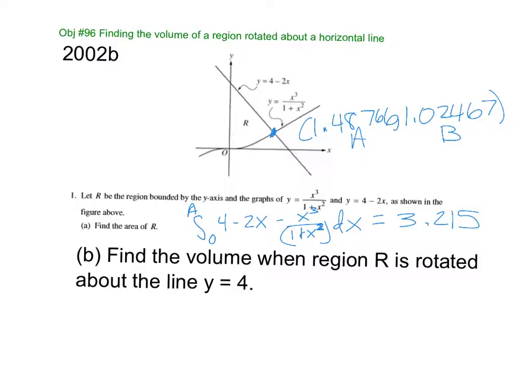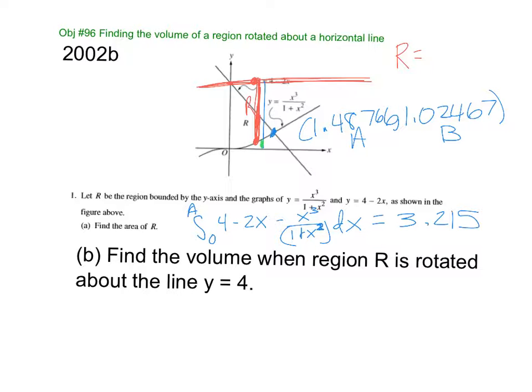All right, rotating about the line y equals 4. Well, 4 is the y-intercept. So we need this to the farthest point, right? So that is big R. I know it's region R, but I like using big R, little r for radius. Sorry if that's confusing. So that distance is this whole thing, 4 minus green.